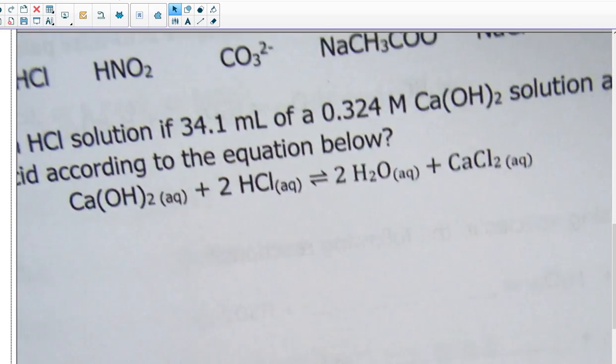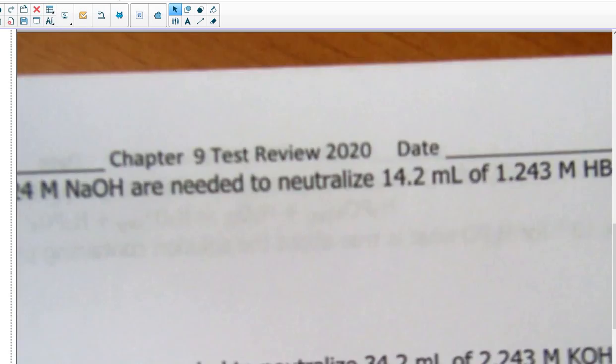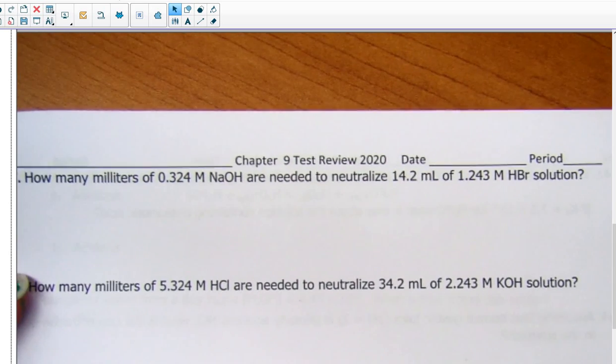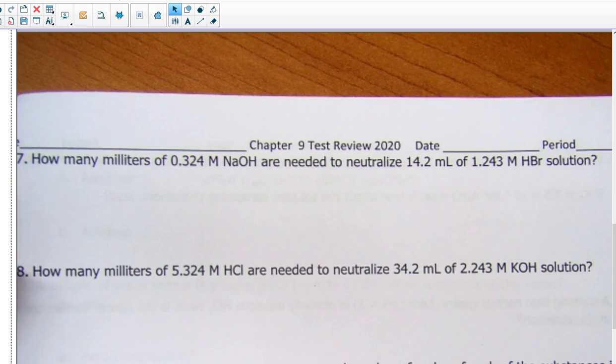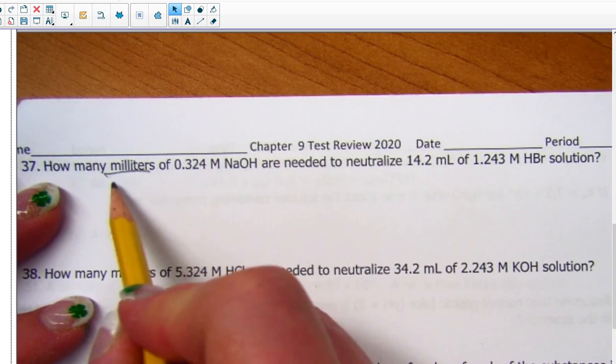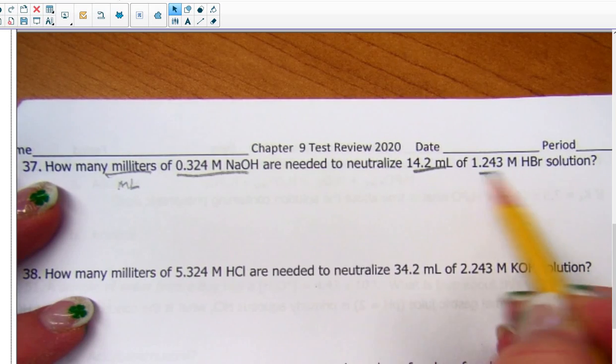Next up, zoom back out again so we can read the whole thing. All right, how many milliliters, so we're looking for milliliters, of this are needed to neutralize this much of this?